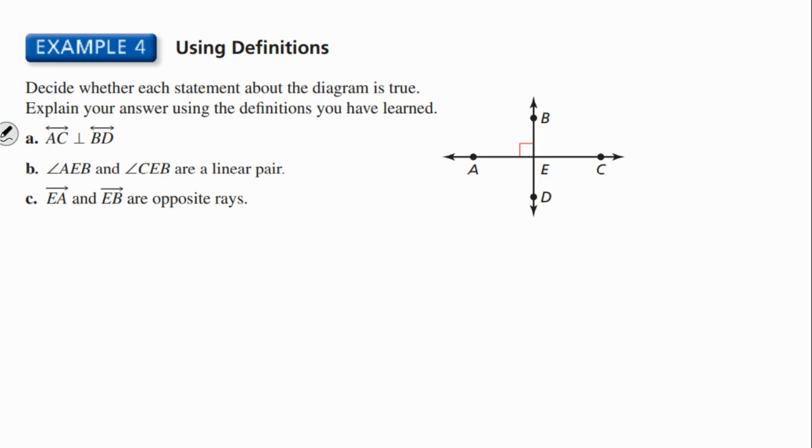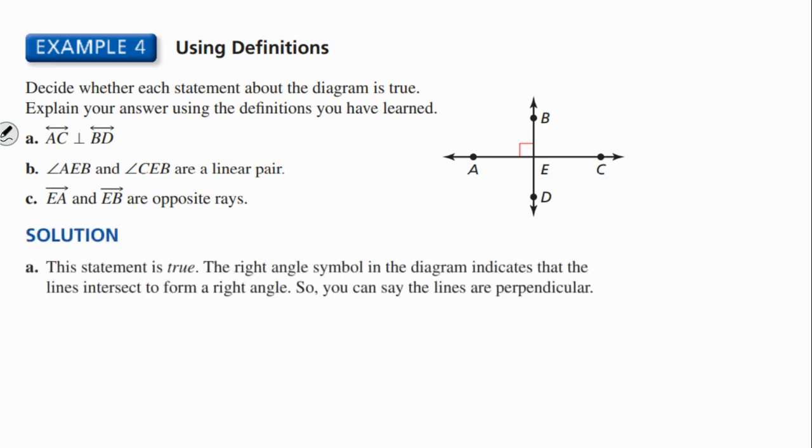Is that in fact true? It turns out that it is. This statement is true because we have the right angle. When two lines intersect and form a right angle, they are in fact perpendicular.